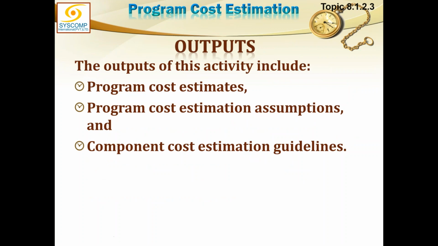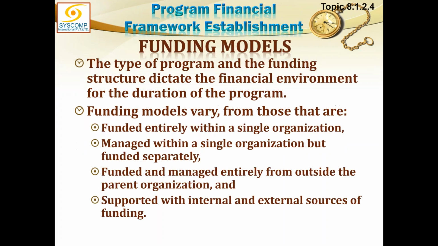The output would be the cost estimates, the cost estimation assumptions, and if there are any cost estimation guidelines. So there are three outputs coming out of it: cost estimates, cost estimation assumptions, and component cost estimation guidelines, if you are providing some.